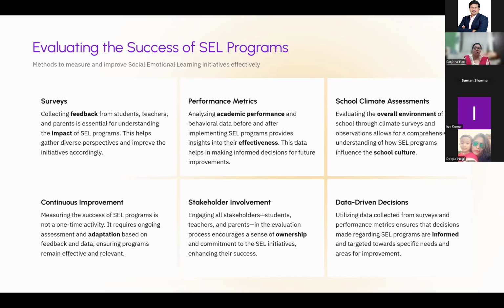Next is continuous improvement. So once we have implemented and seen success, we should not fold our hands and sit. This has to go on, because every year we see a different class. After 3 years, if you take the same class, say 7th or whichever class, the students' mentality, their way of understanding, their way of reaction, everything will be different.